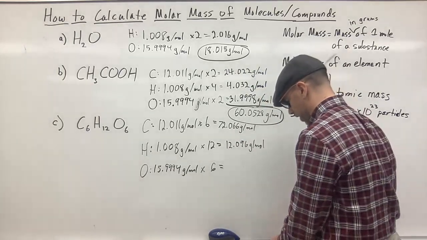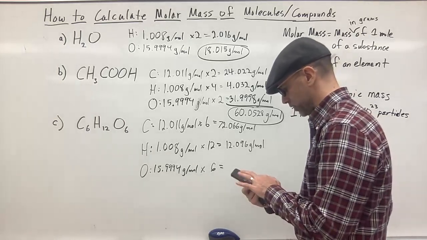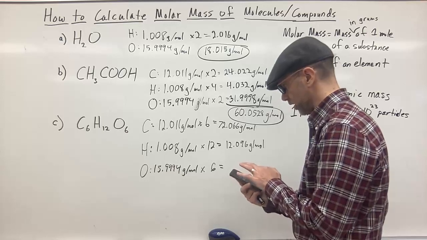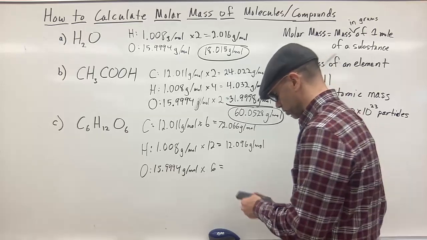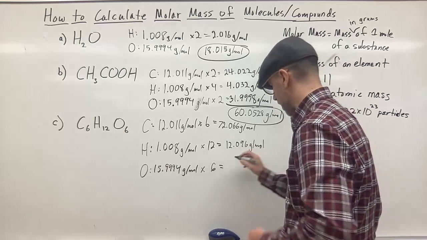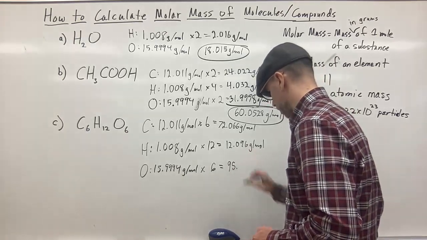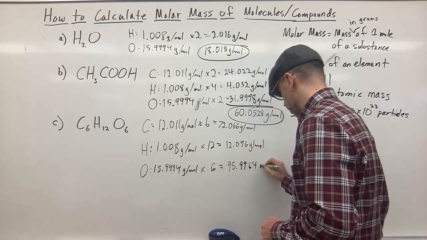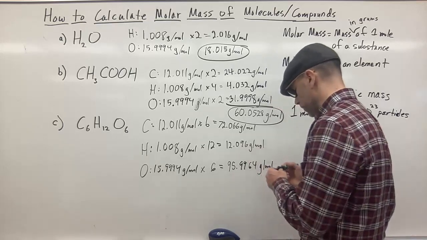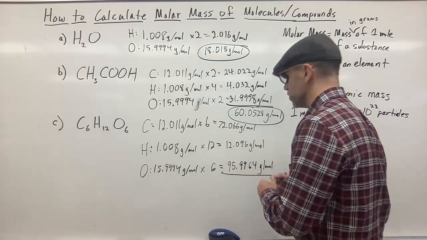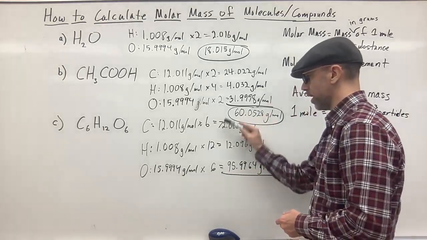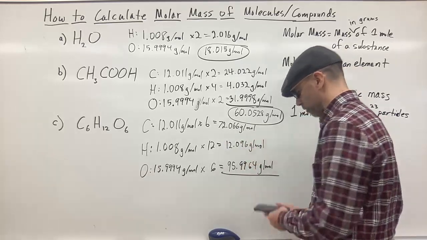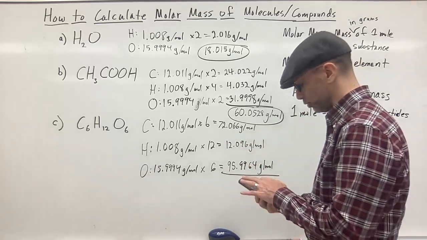And finally, I have oxygen, so that's 15.9994 times 6 equals, and I get 95.9964 grams per mole. And now all I need to do is just add up the mass of my carbons, the mass of my hydrogens, the mass of my oxygens, and that will be the molar mass of glucose.